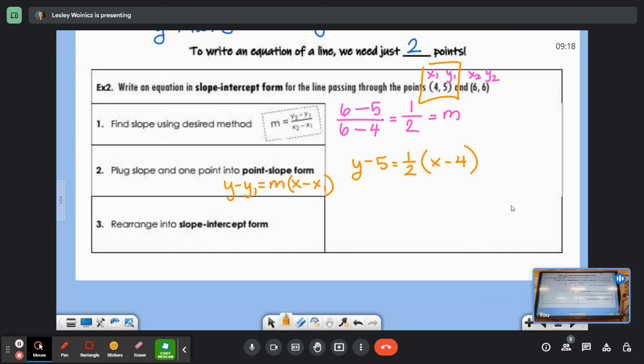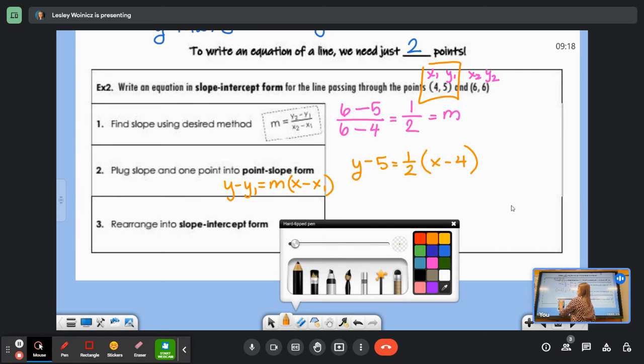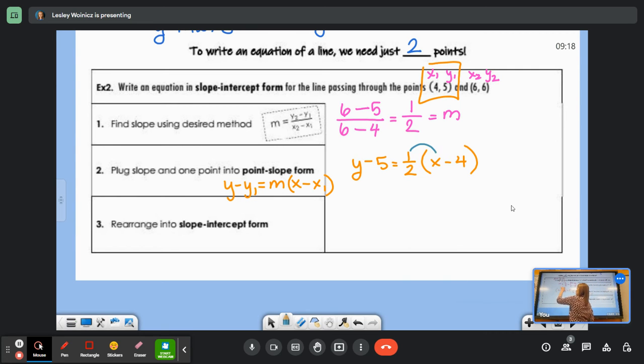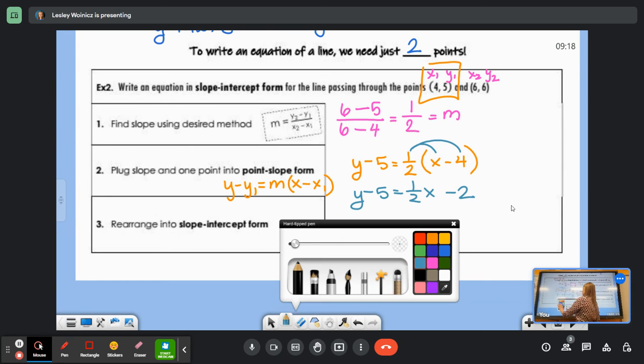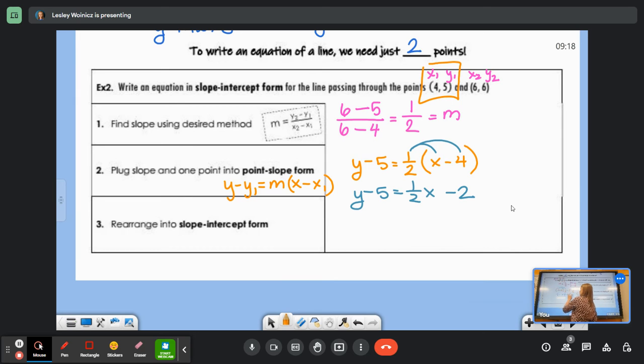Now I've got to convert to slope-intercept form. So bye-bye parentheses. Y minus 5 equals 1/2 x. What's half of negative 4? Negative 2. To get rid of my constant, my negative 5, I have to undo the subtracting by adding 5 to both sides.